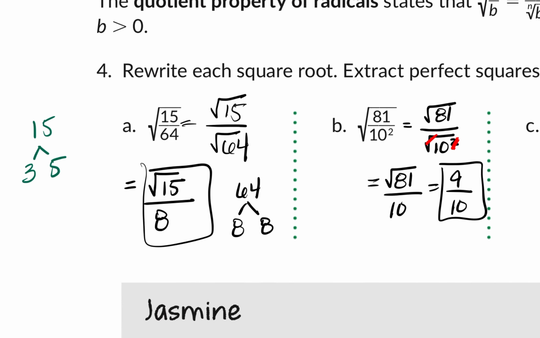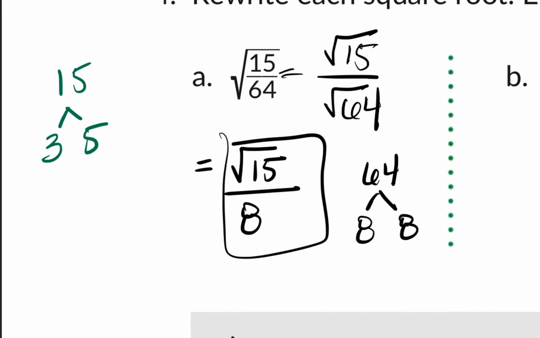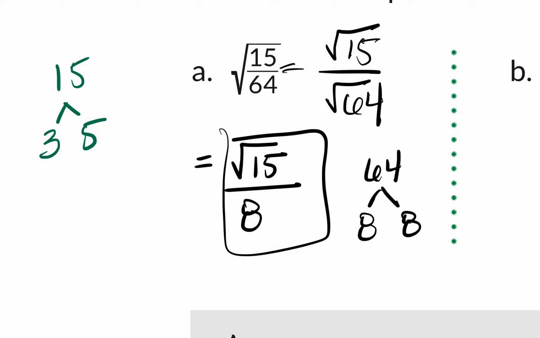Let me zoom in on these one at a time. 15, the only way you can break down 15 is 3 times 5. Again, there are no couples, so that's why it stays the square root of 15. 64, however, you can make 8 times 8. So the square root of 64 is 8. That's why it's like that.